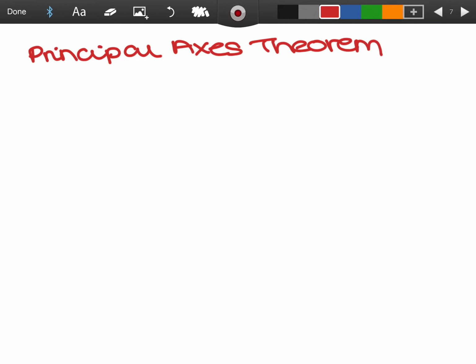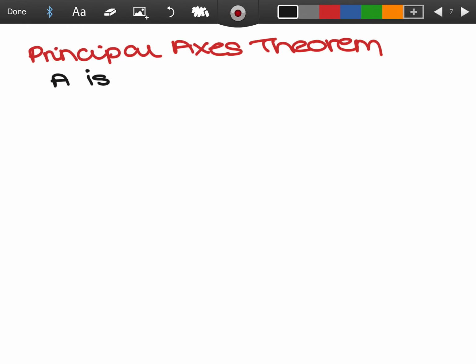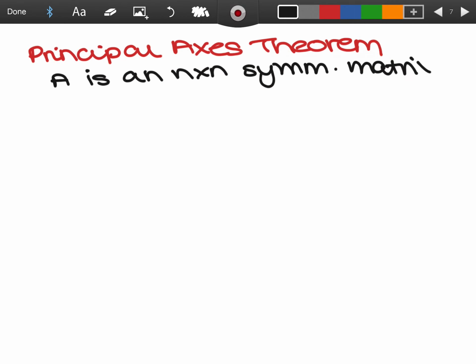So what this says is that for this n by n symmetric matrix A that you have, that is going to be the matrix of some quadratic form, you can always do an orthogonal change of variable, where X is equal to P times Y, where P is that orthogonal matrix.